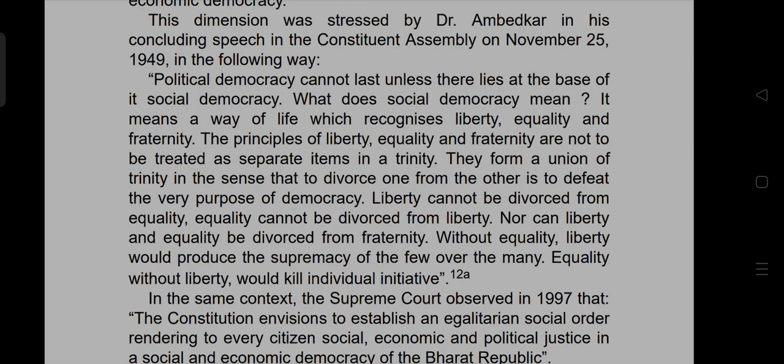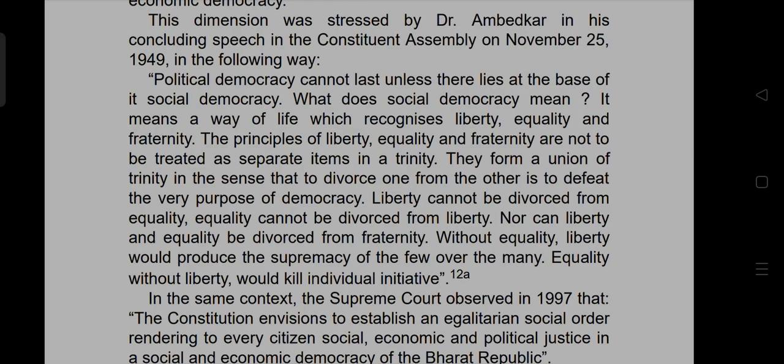The principles of liberty, equality, and fraternity are not to be treated as separate items in a trinity. They form a union of trinity in the sense that to divorce one from the other is to defeat the very purpose of democracy. Liberty cannot be divorced from equality. Equality cannot be divorced from liberty. Nor can liberty and equality be divorced from fraternity.